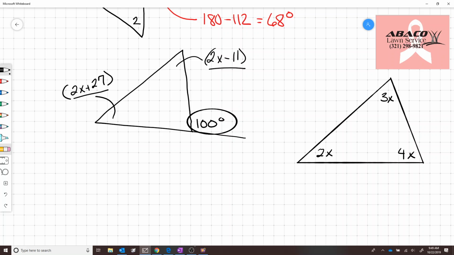The sum of these angles has to equal 180, right? So your 2x plus 3x plus 4x has to equal 180, and you can solve for x and substitute. Got it? So those are the type of problems you're going to see in your assignment today. Any questions?